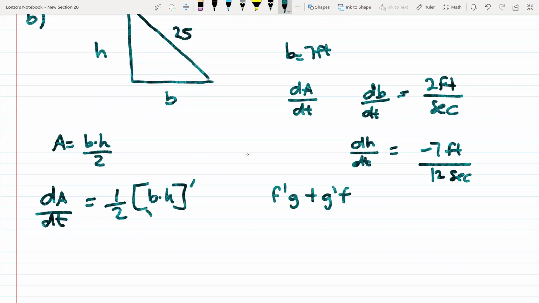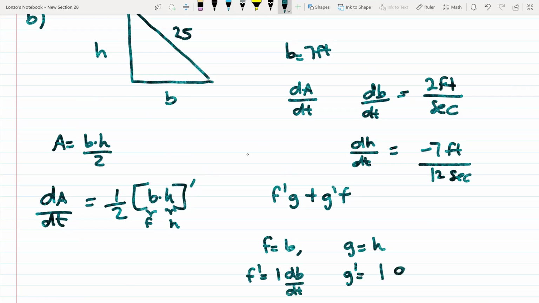So I believe my F will be B and my G would be H, right? So F is B and G is H. So F prime with respect to time would be, the derivative of B is 1, and then with respect to time, it would be dB/dt. And then G prime, the derivative of H is 1, and then with respect to time would be dH/dt.